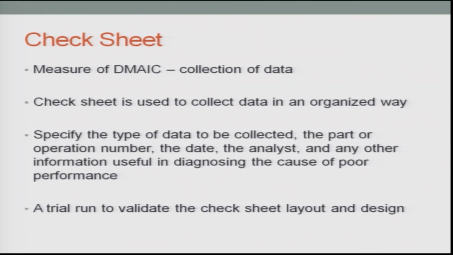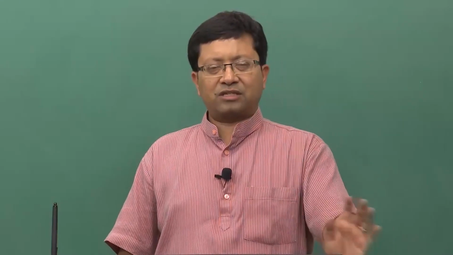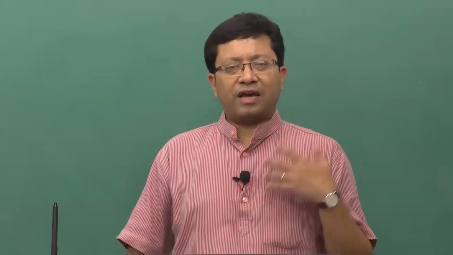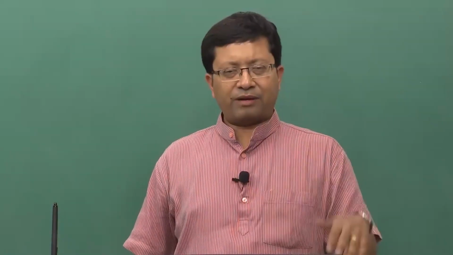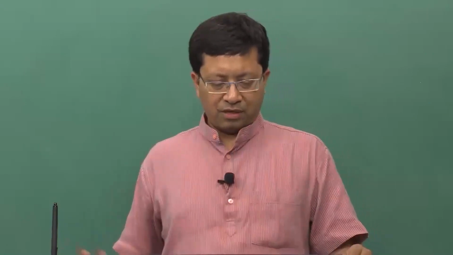All this information is important. A trial run can also be taken to validate the check sheet layout and design, to find out how good or bad the data being utilized is. Is it spurious, or has the data collection been done in the best possible manner? Those have to be checked.